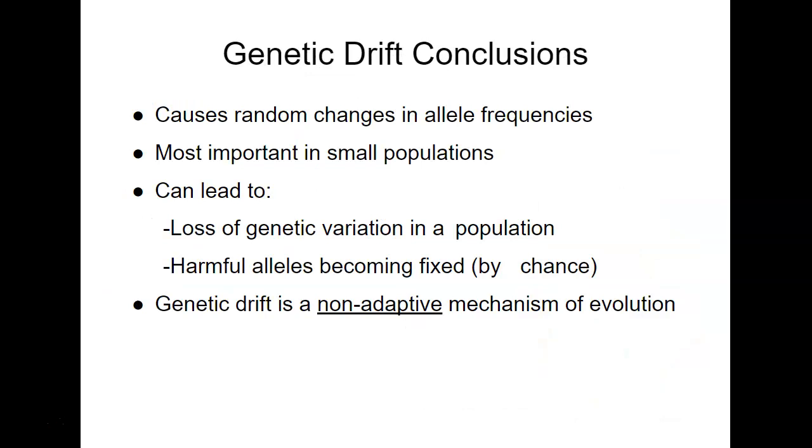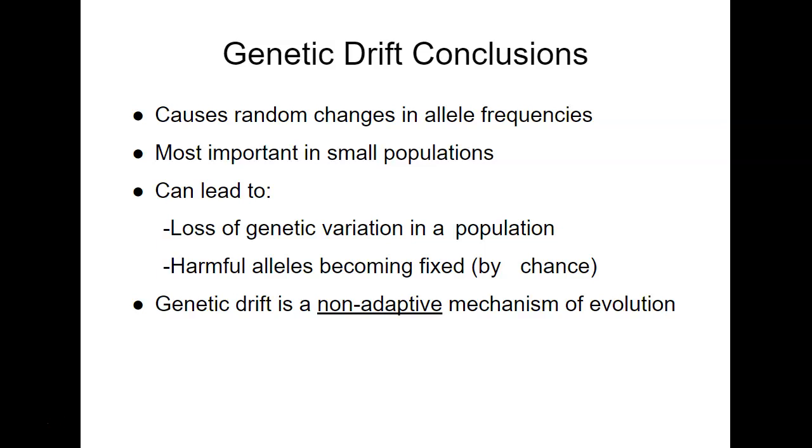So genetic drift has a lot of conclusions. It can cause random changes in allele frequencies based on chance. It affects small populations a lot more. And it can lead to a loss of genetic variation. You might even lose an allele altogether.